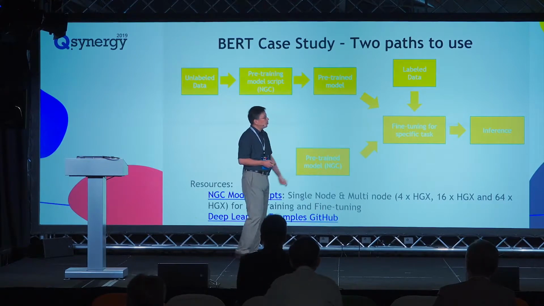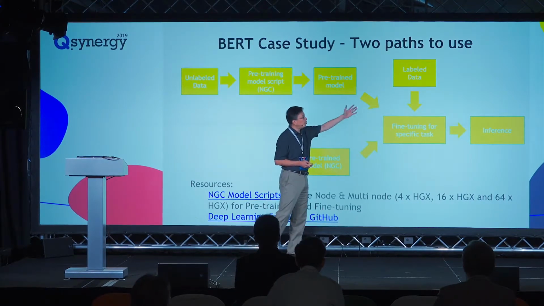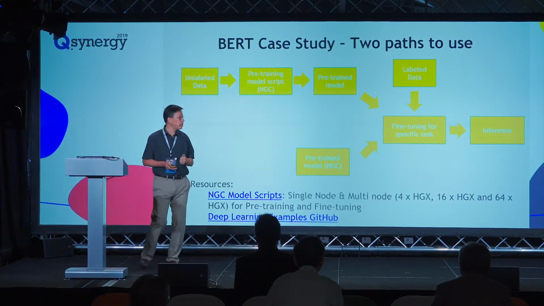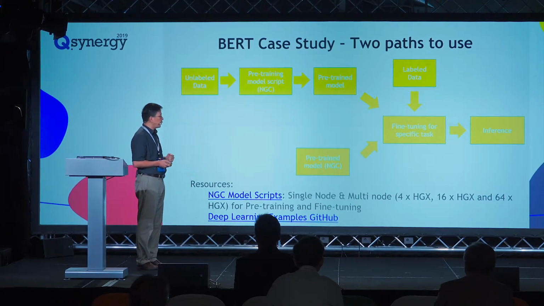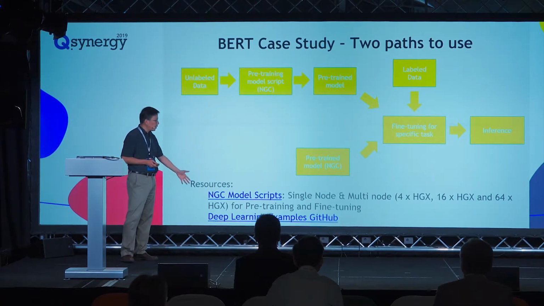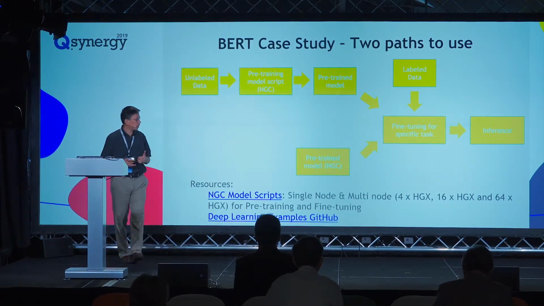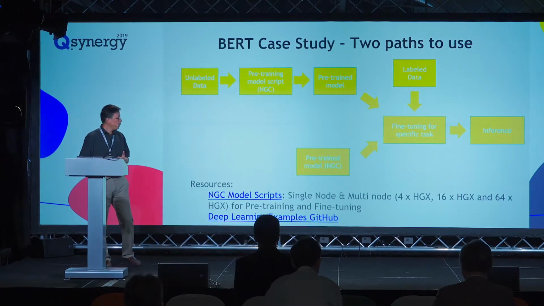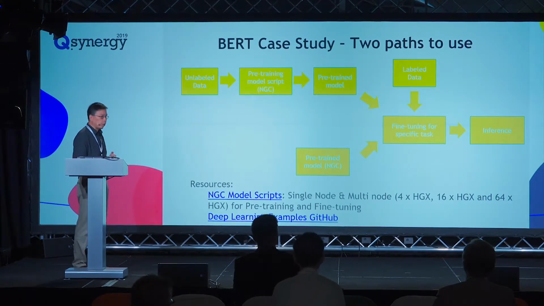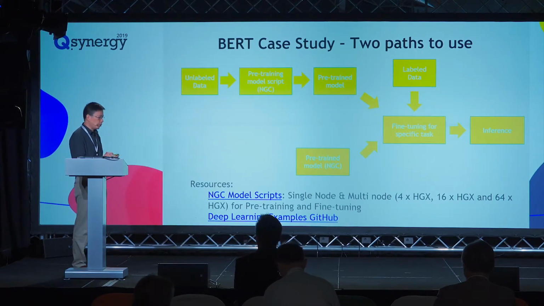Then you can take that model and fine-tune it based on your custom labeled data that is specific to your market segment, your customer base. Then the output of the model you can use for inference right away. All the model scripts, all the learning examples, all the source code is on GitHub. If you need help, let us know, we're glad to point you to the latest setup so you can use the hardware most effectively.